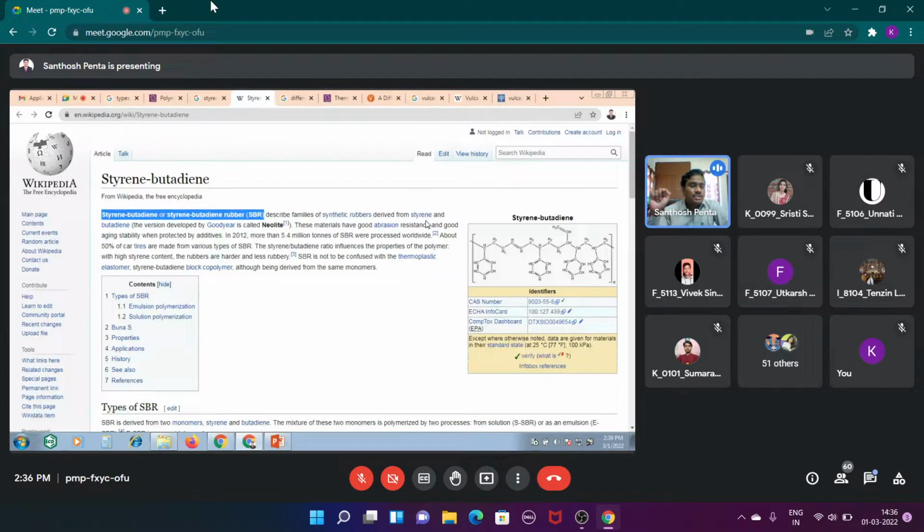The reaction of styrene with butadiene is going to produce the styrene butadiene rubber, SBR rubber. So this is also one of the examples for copolymerization.